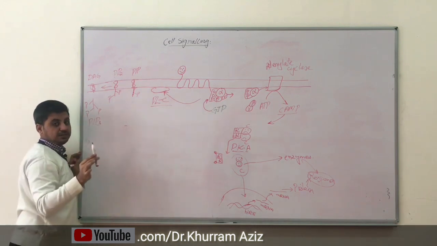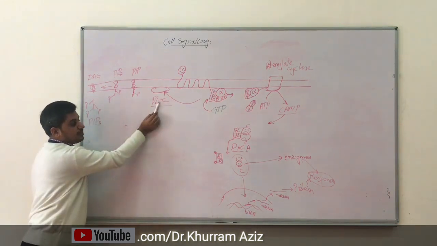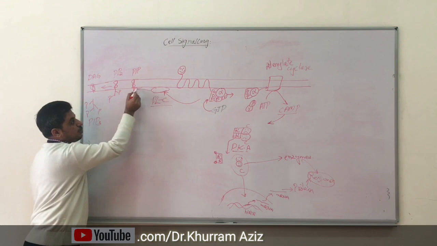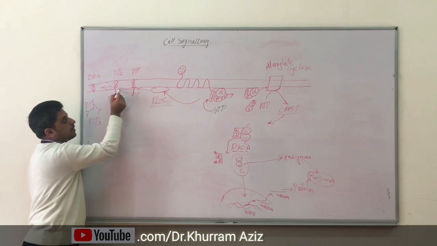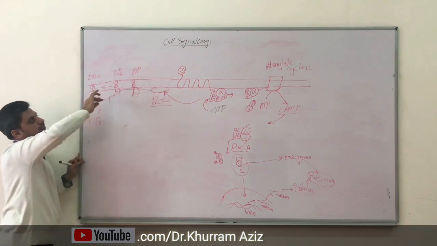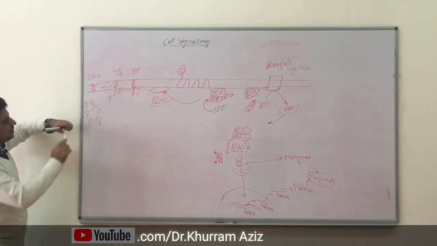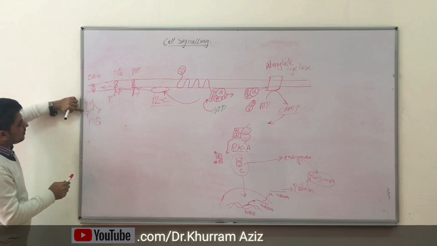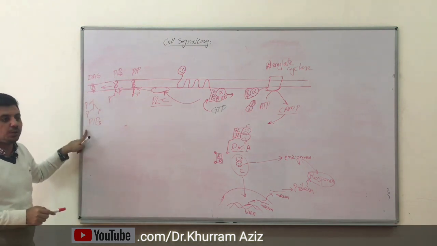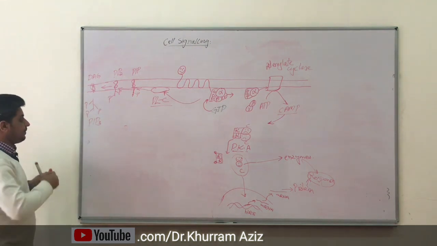Let me explain this to you once again. Phospholipase C is activating the PIP1 molecule. PIP1 is converted into PIP2, and after that PIP2 will cleave itself into two parts, the diacylglycerol as well as PIP3, phosphoinositol triphosphate.